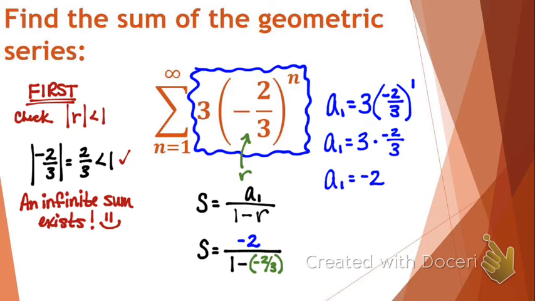So far, so good? All right. How's that denominator going to simplify for us? What'd you say? 1 plus 2/3. What is 1 plus 2/3? 5/3. And then how do I deal with that?